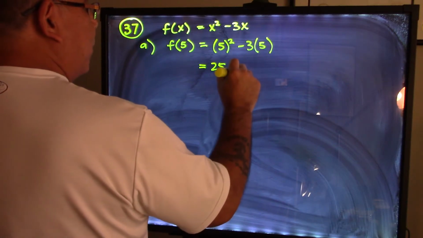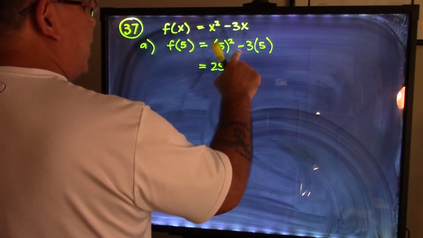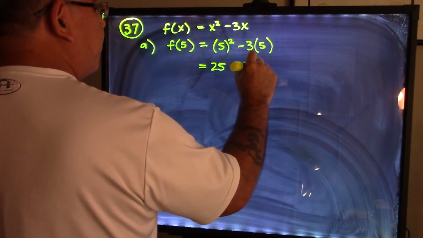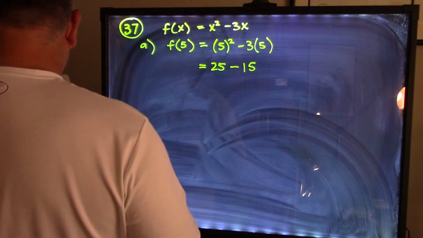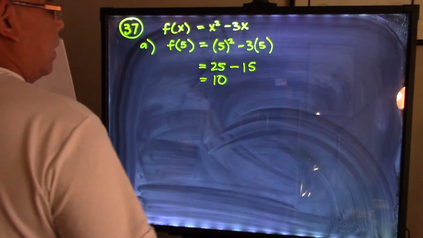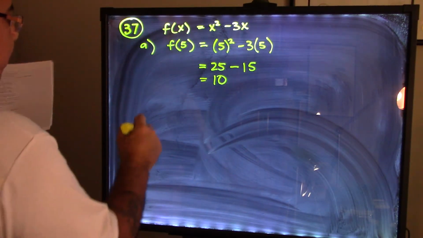Minus 3 times 5 is 15, so it's minus 15. So 25 minus 15 is 10. There you go.